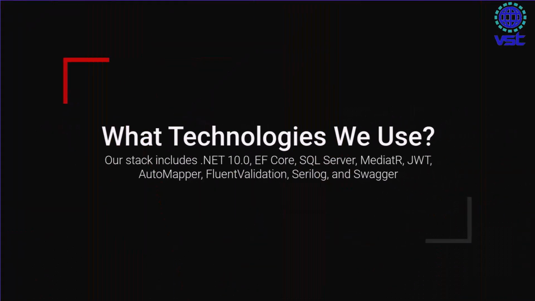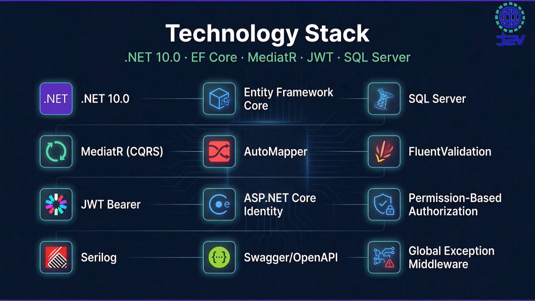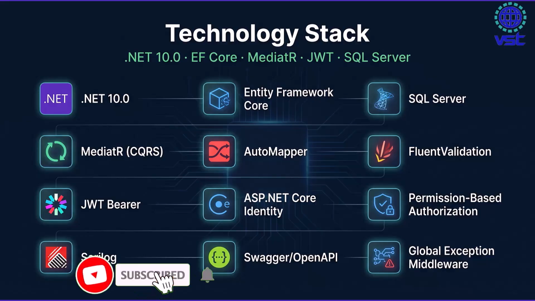What technologies do we use? Our technology stack brings together .NET 10.0, EF Core, SQL Server, MediatR, and JWT, plus AutoMapper, FluentValidation, Serilog, and Swagger. With ASP.NET Core Identity, Global Exception Middleware, and permission-based auth, we have a fully robust enterprise setup.